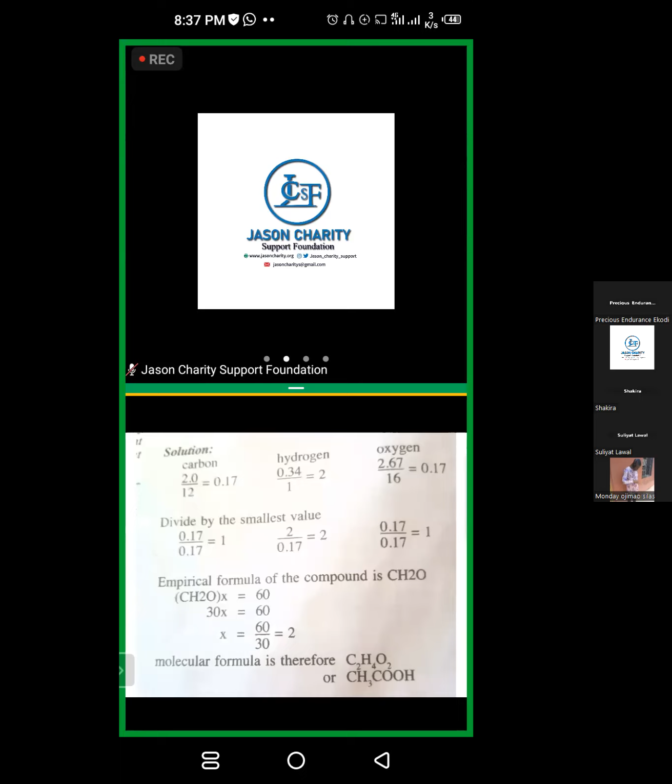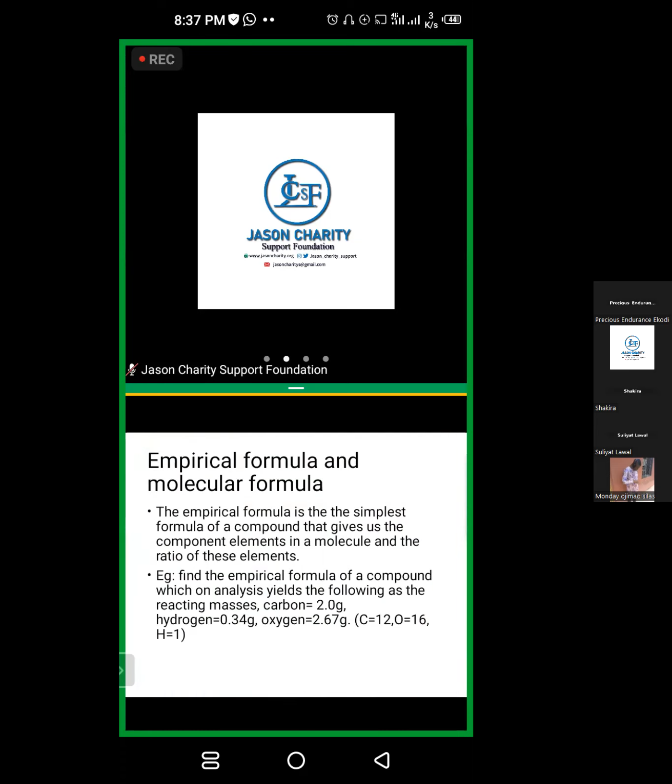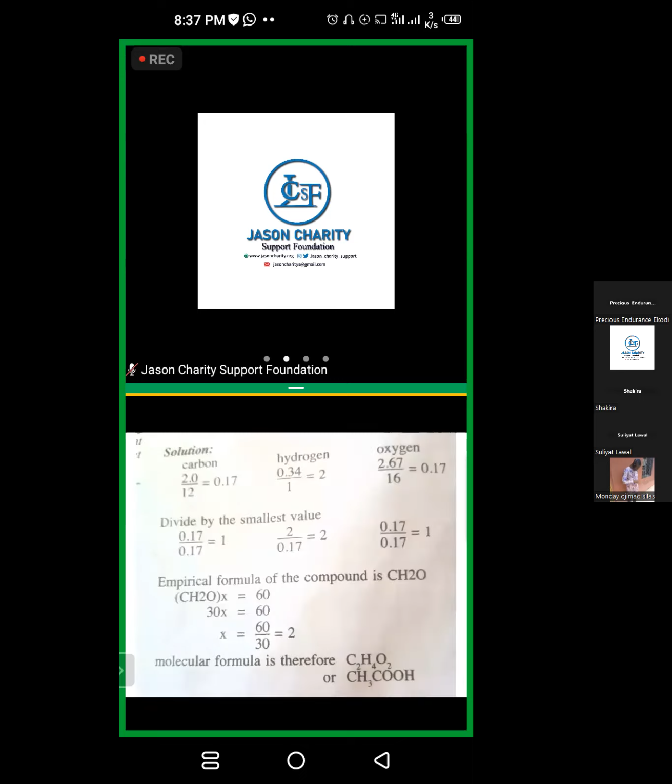Now, this is how it is solved. Remember here we have carbon as 2.0 grams, hydrogen as 0.34, and oxygen as 2.67. We divide all of these numbers by their atomic masses. That's the first thing you do. Even if it's the percentage or the masses you are given, you divide each of these by their atomic mass.